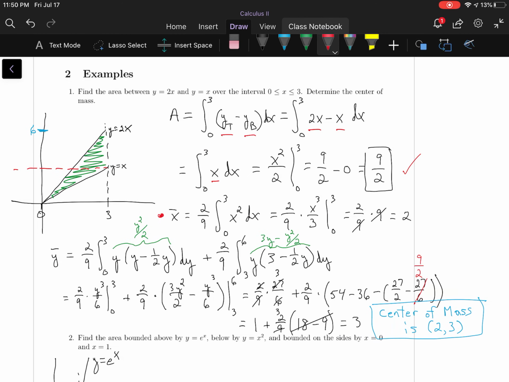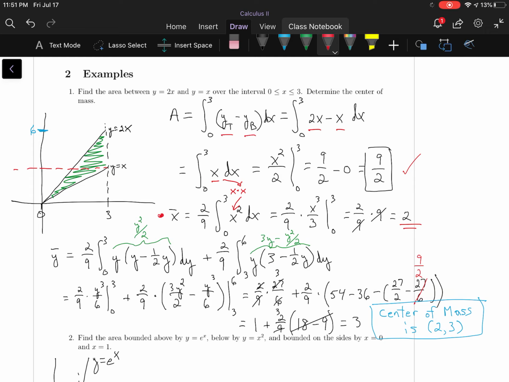So using that, I've got the integral of x times the y_t minus y_b, which we had just found is also x, and that's where the x squared came from. Integrating x squared is x cubed over 3. Evaluating that from 0 to 3, you've got 3 cubed over 3, which is 3 squared, and that's going to be 2/9 times 9, which simplifies to just 2. And so here's our x-coordinate.